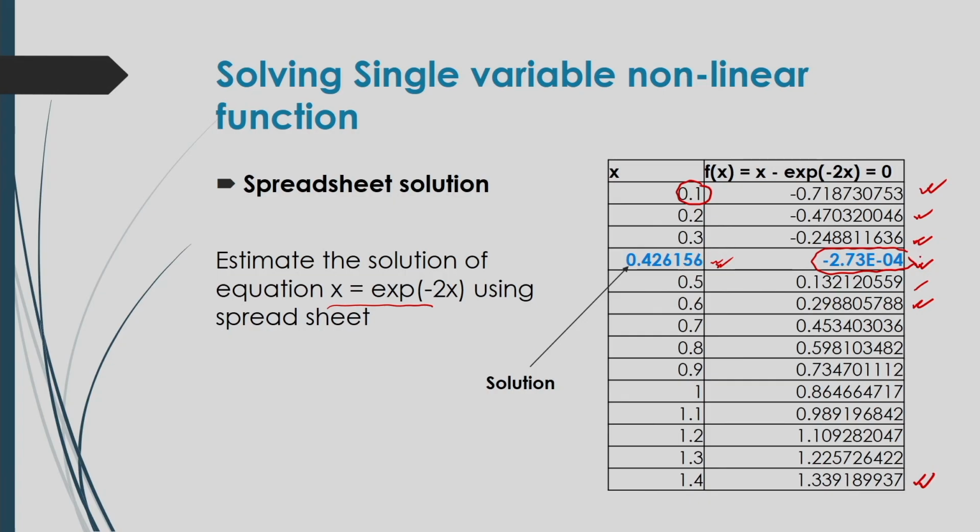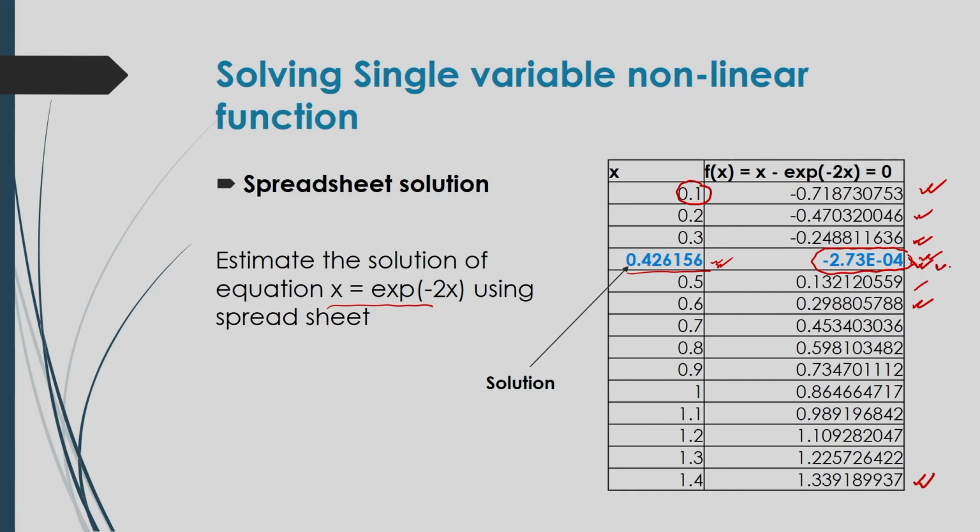It is seen that this function's value is almost equal to 0. So we can consider here that the value of x equal to 0.4 to 6156 will give you the function f of x near about 0.